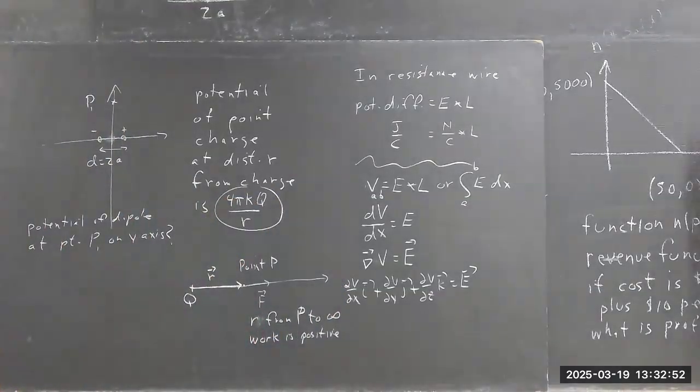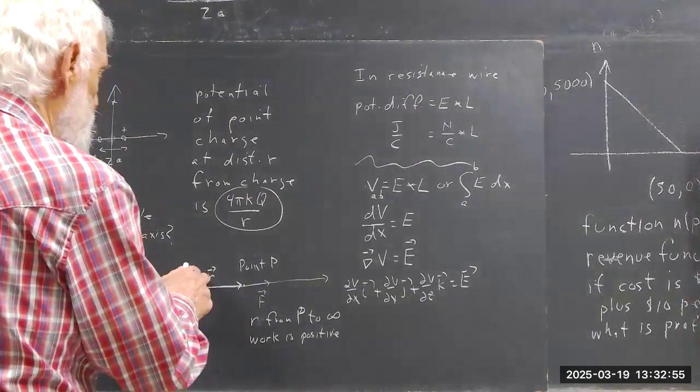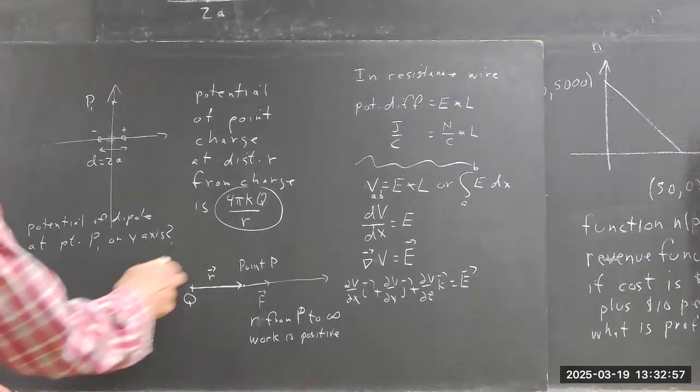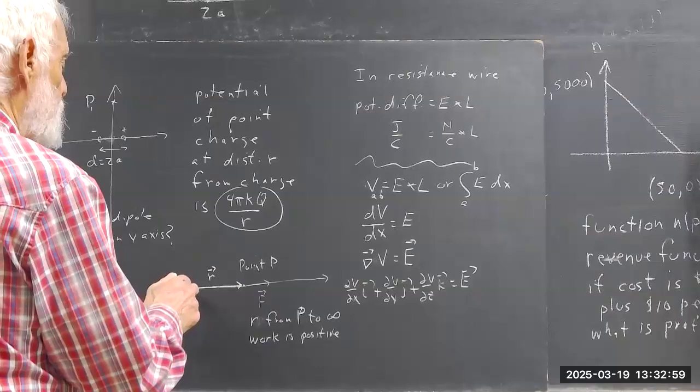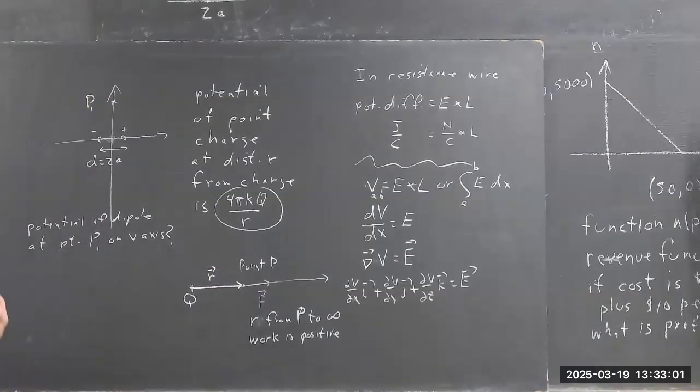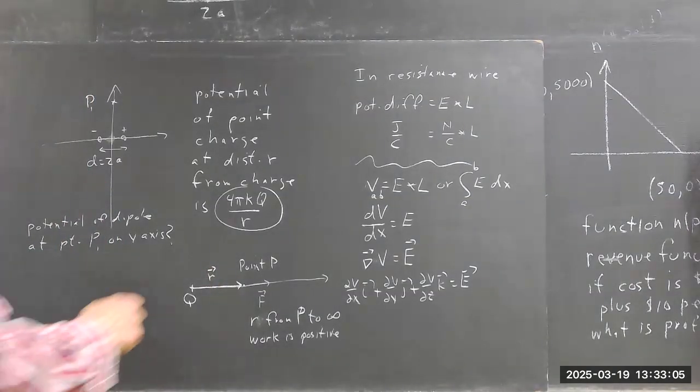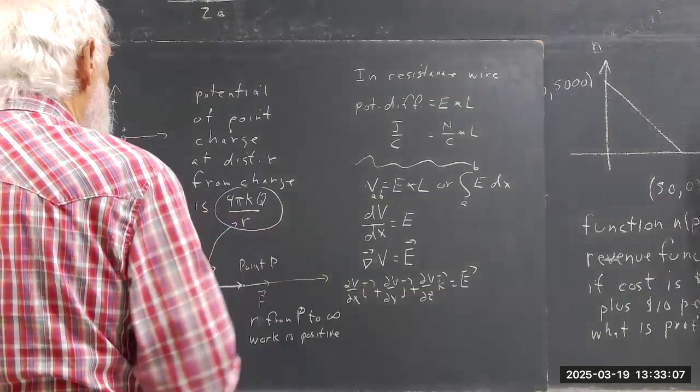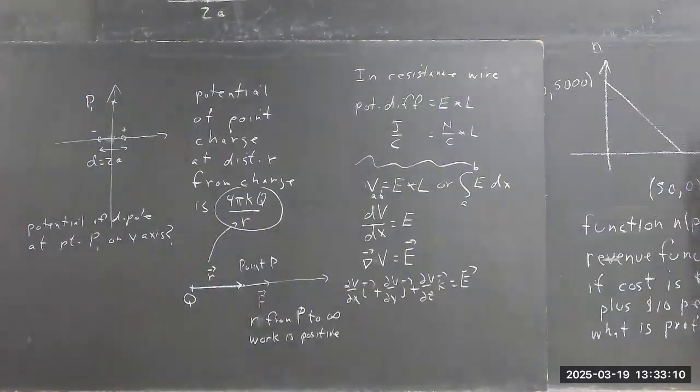So don't take this R as being related to this R. R is the separation between the charge and the point. Okay. And that's the R that goes into this formula for potential.